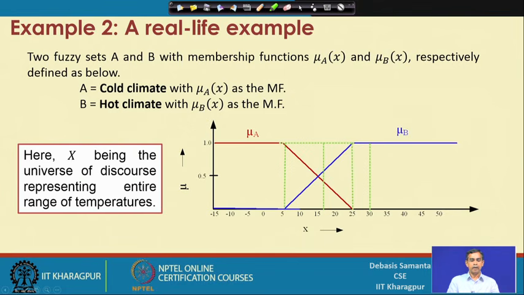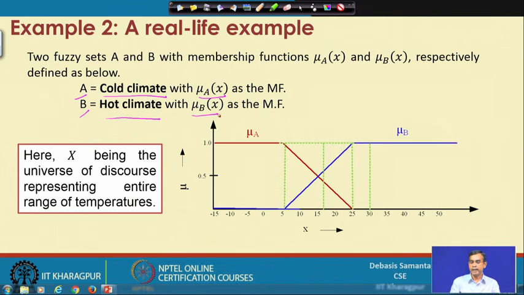Now, the idea about these fuzzy operations becomes more meaningful. We know every fuzzy set is expressed by a certain meaning, called a linguistic hedge. For example, suppose A is a fuzzy set representing the cold climate and B is another fuzzy set representing the hot climate, with membership functions mu A(x) and mu B(x).